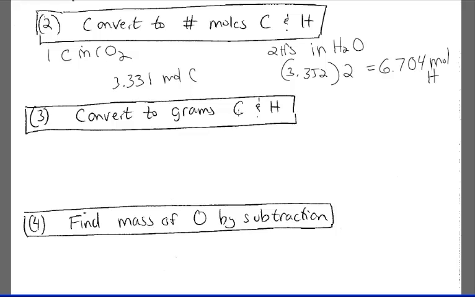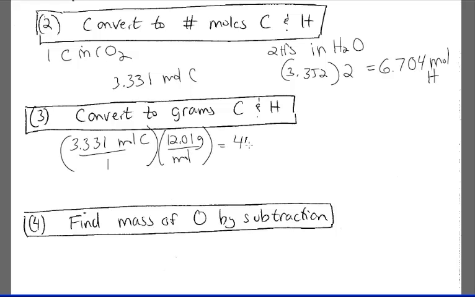Okay, then we're going to convert that to grams of carbon atom and hydrogen atom so that we can add up how much of that 100 grams total we started with is due to carbon and hydrogen. The remainder will be due to oxygen. Okay, so we're going to convert these. Start with carbon, 3.331 moles of carbon, and use the molar mass of carbon, 12.01 grams per mole, to get 40.01 grams of carbon.